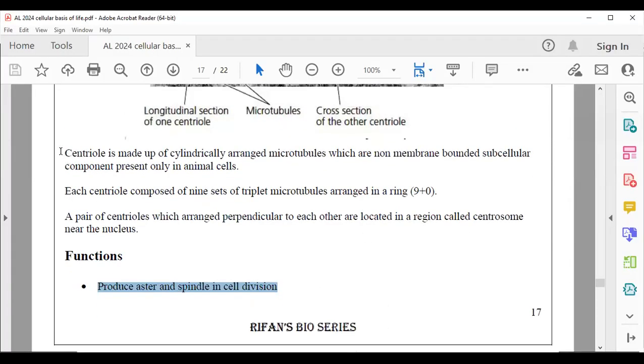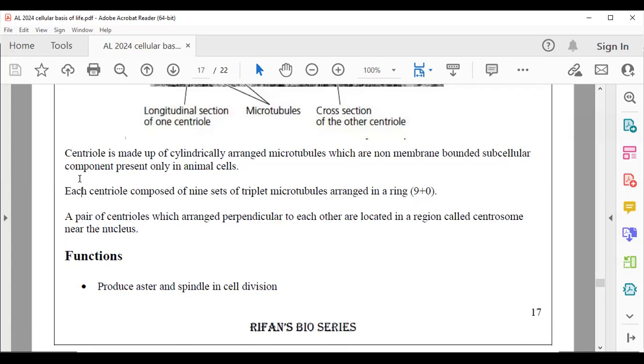See whether you are clear on these components. Centriole is made up of cylindrically arranged microtubules, which are non-membrane-bounded subcellular components present only in animal cells. They are cylindrical, with 9 sets of triplets in the surrounding and no microtubules in the middle.